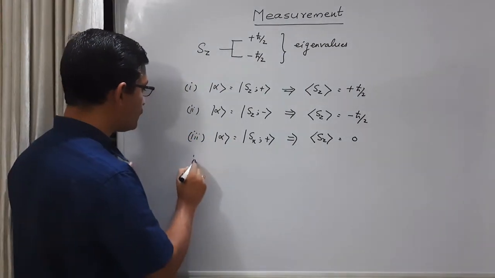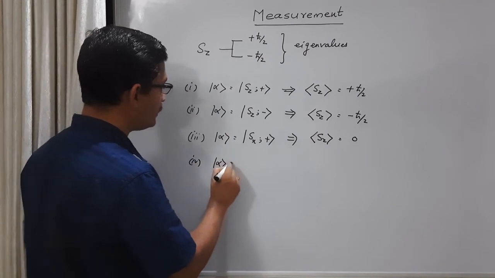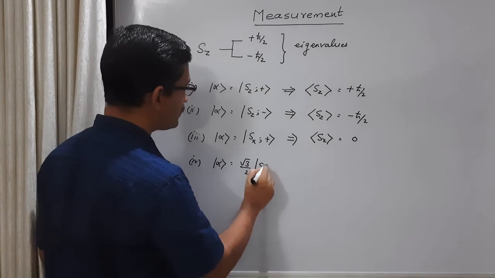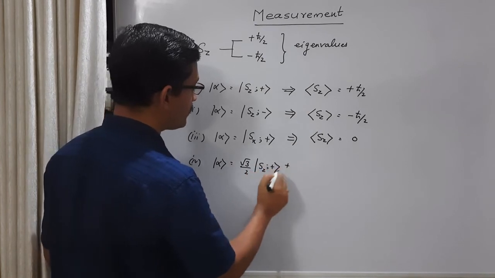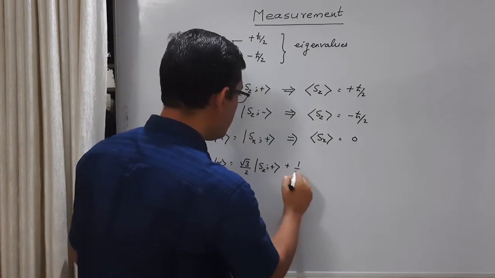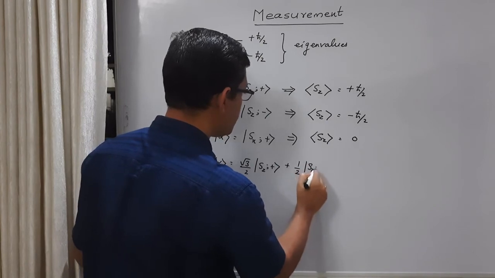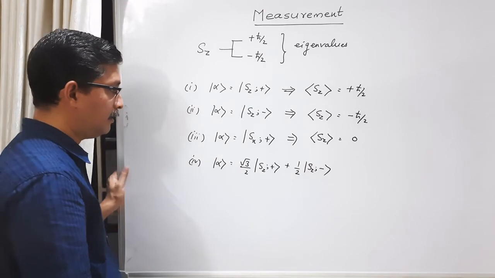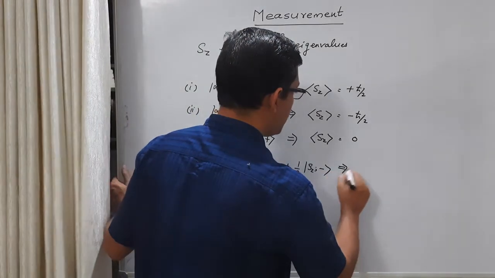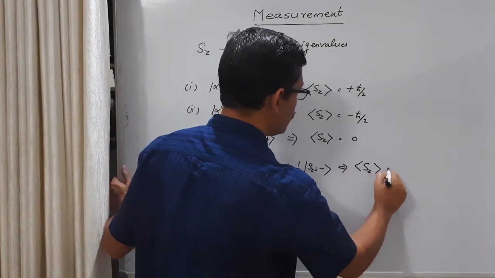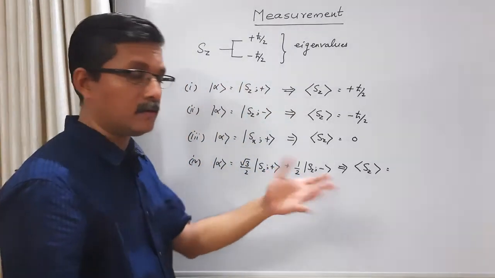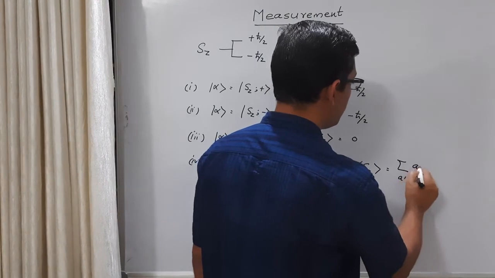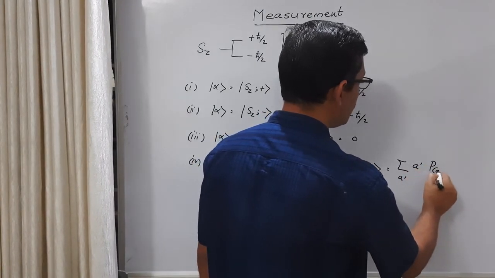Consider another case. Suppose the initial state is something like this: root 3 by 2 Sz plus, say 1 by 2 Sz minus. Then how do we calculate the average value of Sz? Let us use the standard result, that is the summation over a prime of a prime times the probability of getting a prime.